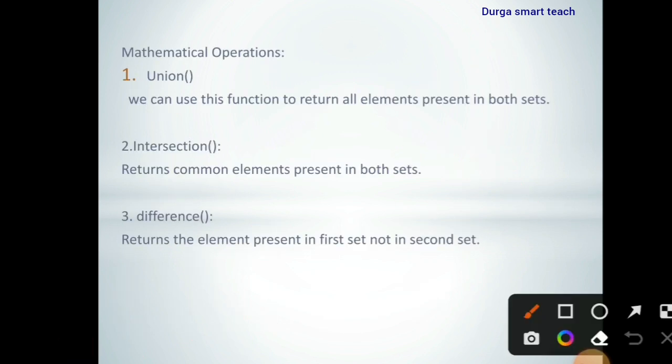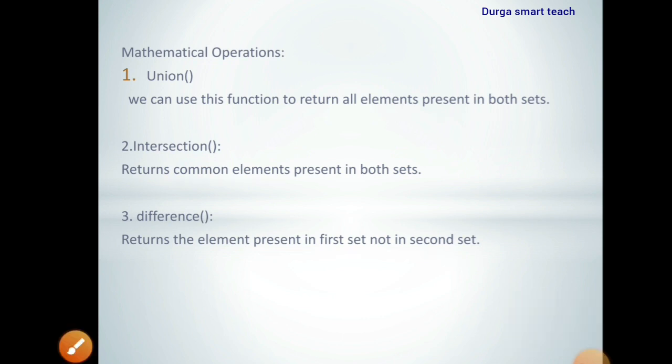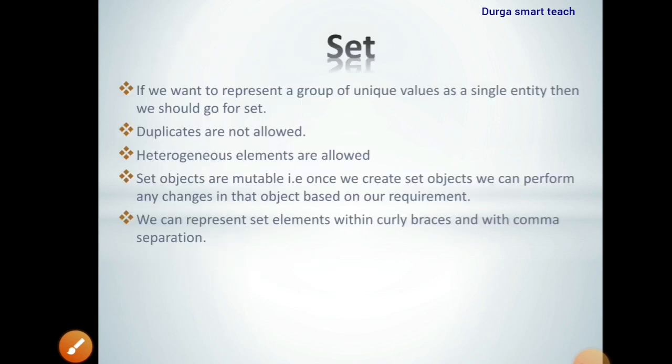See one more time. The union function is used to display all the elements present in both sets. The intersection function is used to display common elements in both sets. The difference function is used to display elements present in the first set but not in the second set. These are the important functions in set.